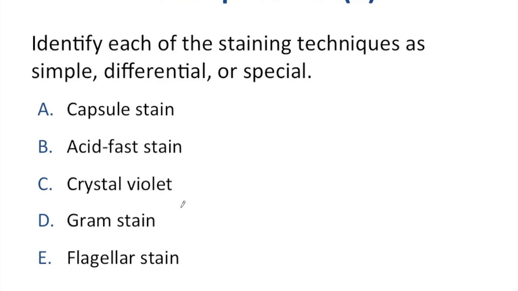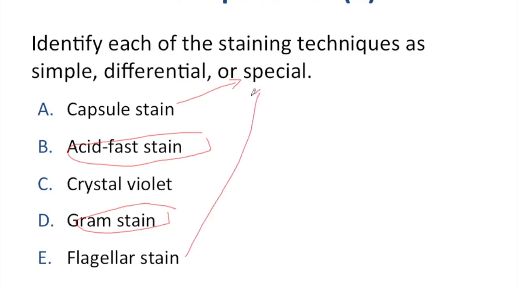So the differential stainings are the Gram staining and acid-fast staining. The special stainings are the capsule staining and the flagella staining. And the crystal violet is the simple staining.